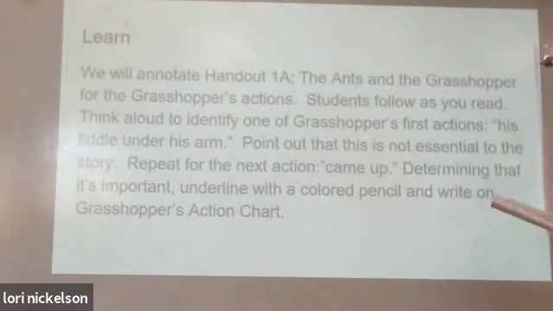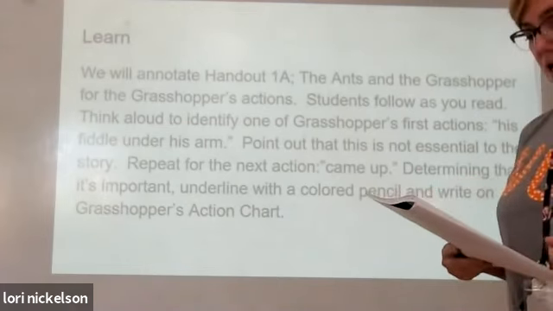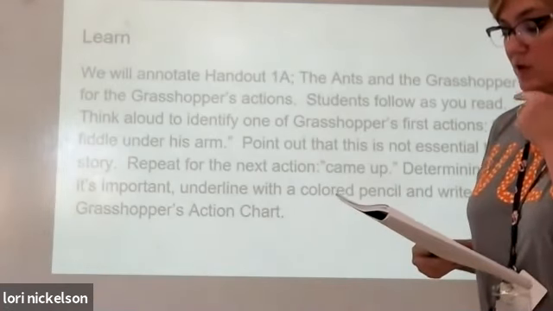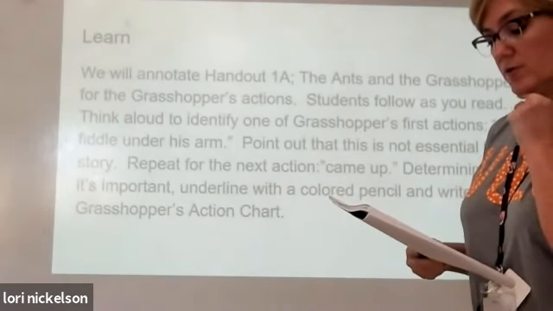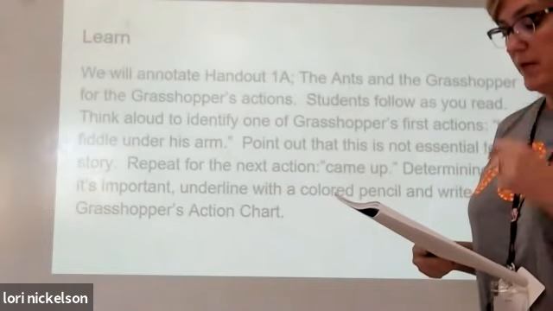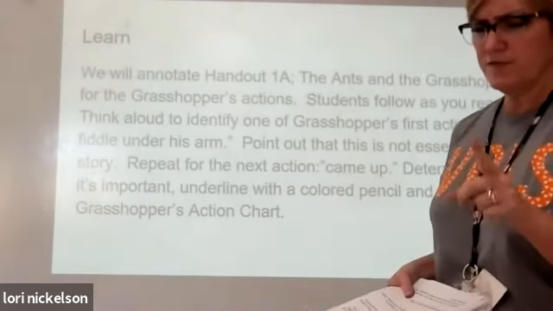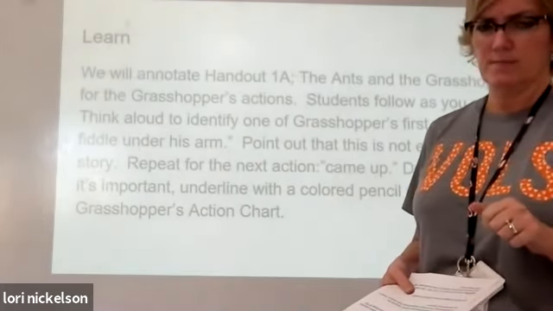So if I'm reading here, one bright day in autumn, a family of ants were bustling about in the warm sunshine, drying out the grain they had stored up during the summer, when a starving grasshopper, his fiddle under his arm, came up and humbly begged for a bite to eat. So what was the first thing that Grasshopper had done?